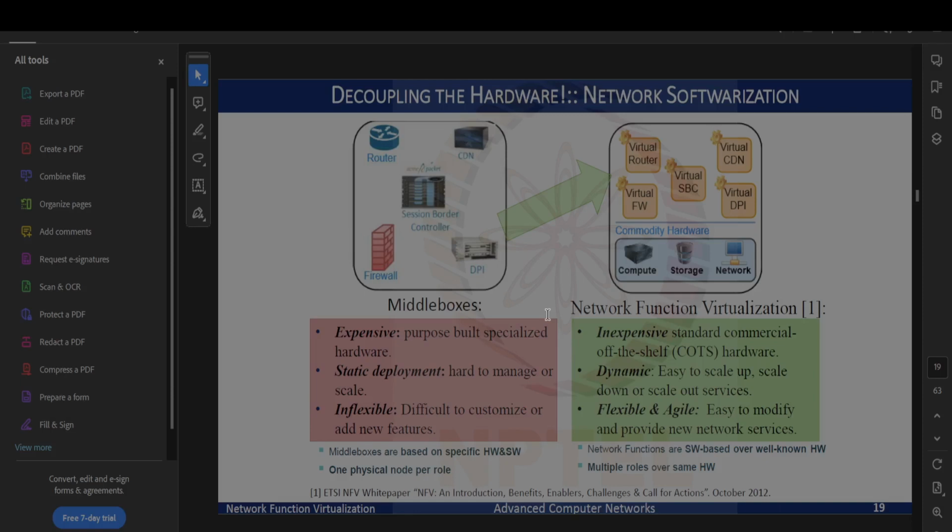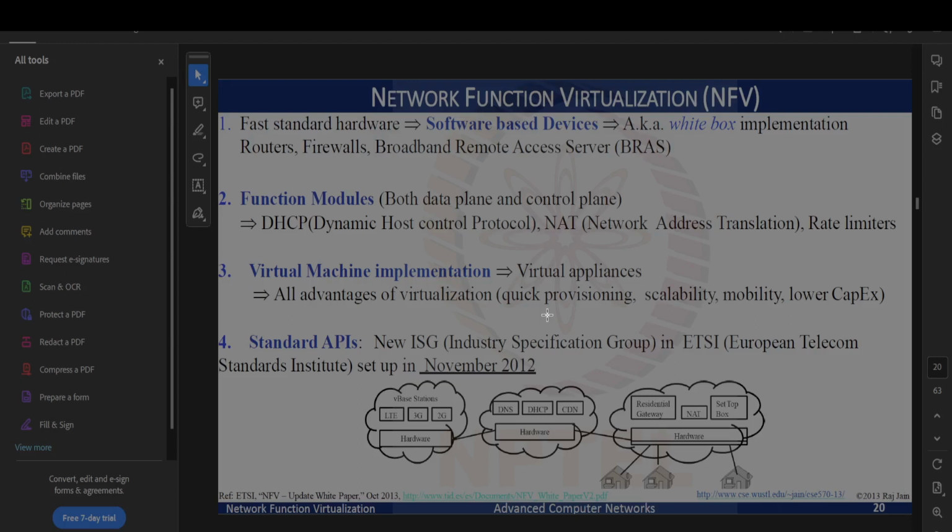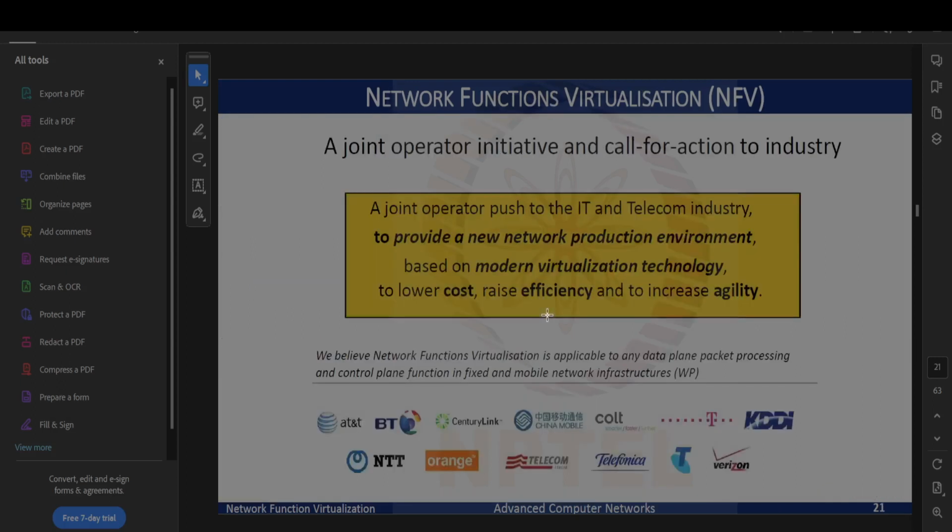If a particular telecom operator wants a certain feature in the firewall or NAT or in the CDN function, it's very easy to put up a request to the vendor and add that functionality, which was not possible in the earlier scenario when we were using hardware-based middle boxes. So these are the major advantages that network function virtualization brings in.